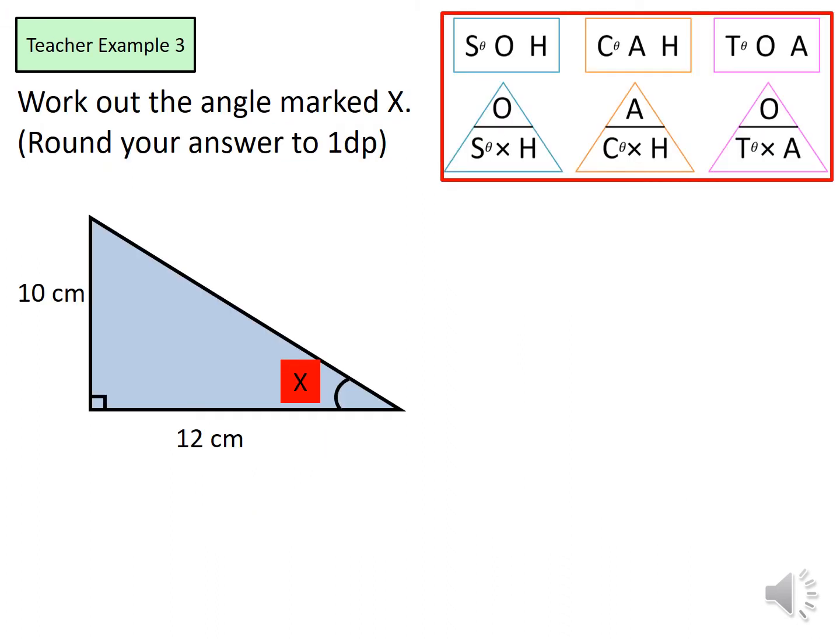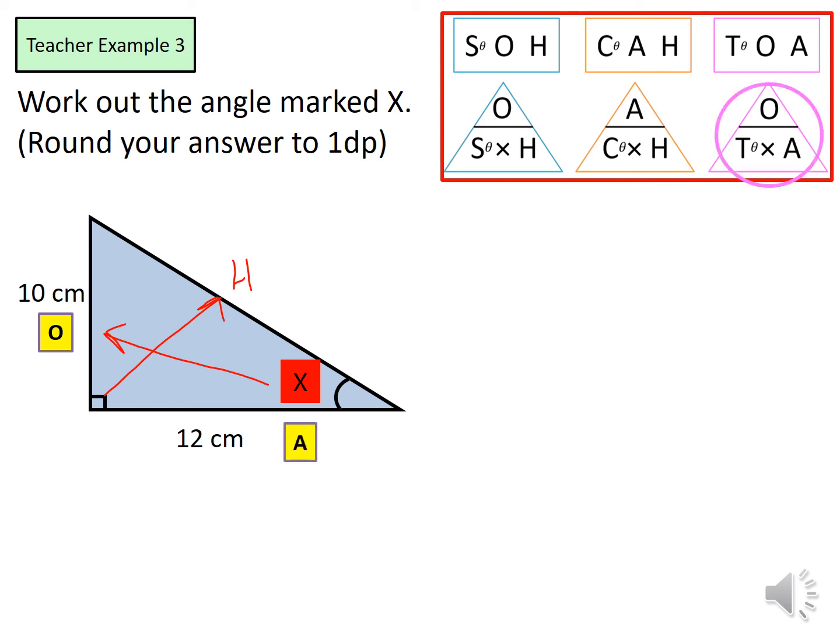Now guys, here's another example of finding the missing angle in a right angle triangle using trigonometry. So first things first, we need to label our triangle. Opposite the right angle is my hypotenuse, opposite the angle is my opposite side, we're left over with the adjacent.